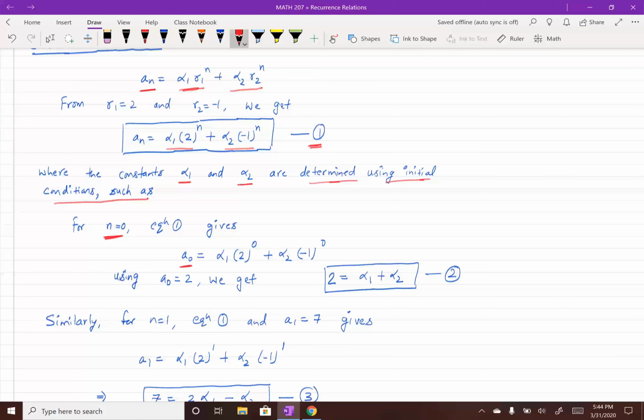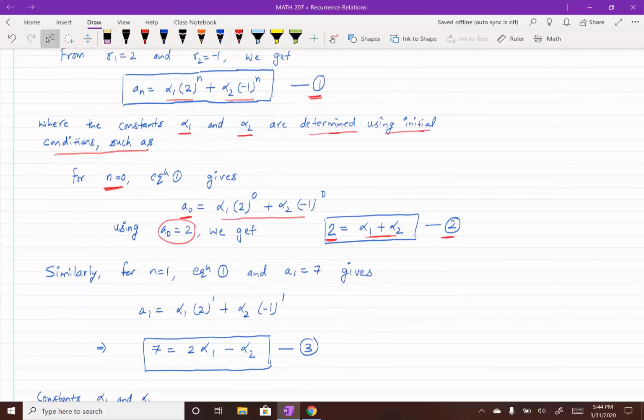Then this side becomes a of 0 and this side becomes alpha 1 times 2 to the power 0 plus alpha 2 times minus 1 to the power 0. Since a of 0 is 2, this side becomes 2 and that side becomes alpha 1 plus alpha 2. So this is my second equation. Similarly, I can use the other initial condition with n equal to 1 in my closed form solution a of n, with a1 equal to 7.